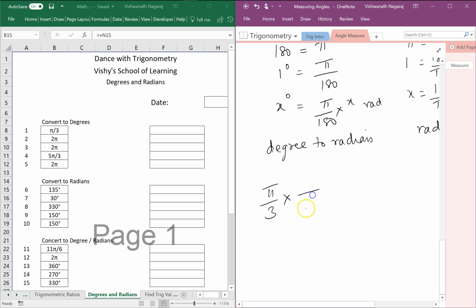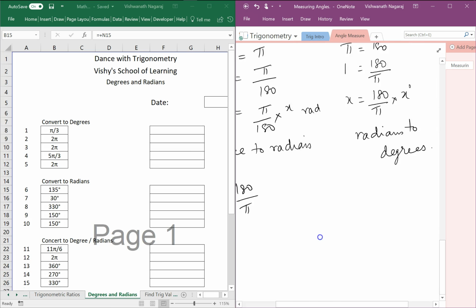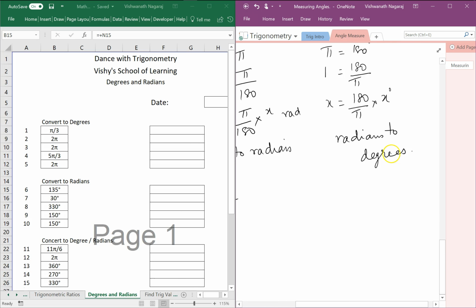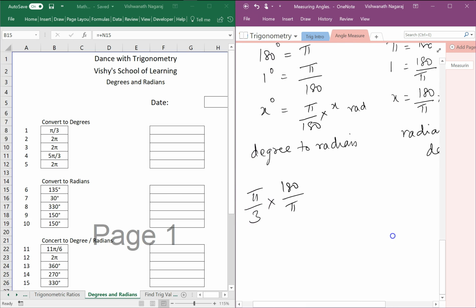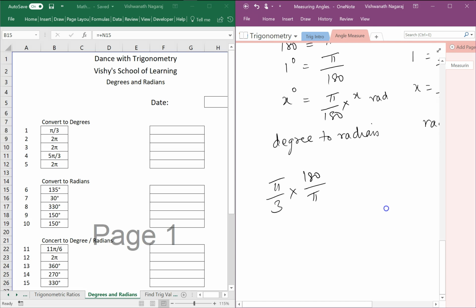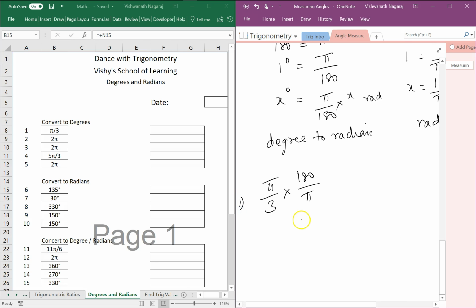So the denominator should have pi, and the numerator has to be 180. Radians to degrees is 180 by pi into x.